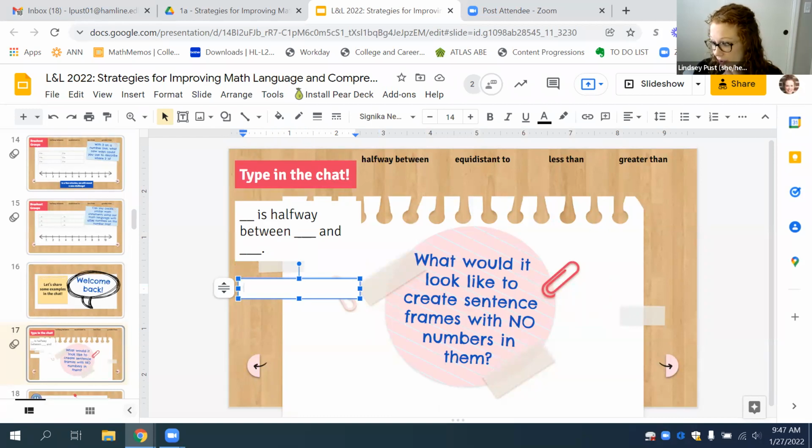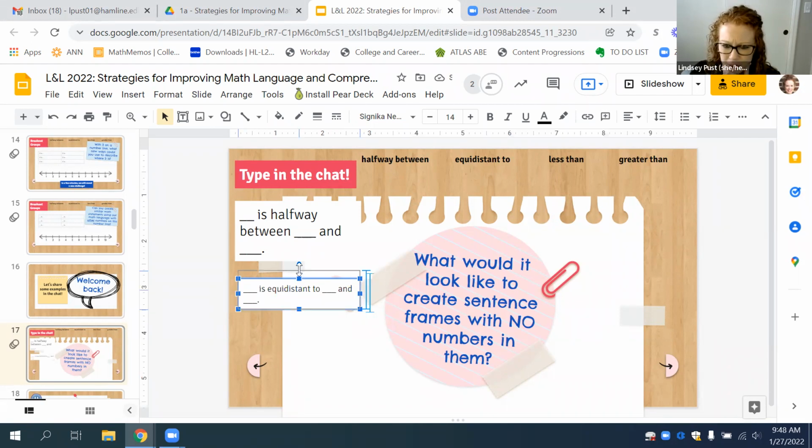And I like where you're going with that, Adam. And we could even put blanks for the 1 and the 9, depending on what numbers we're choosing. So blank, it helps if you click, there we go. Blank is equidistant to, okay. What about less than? How could we write one with less than?